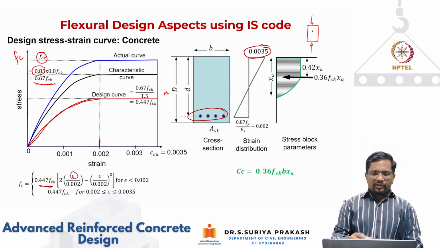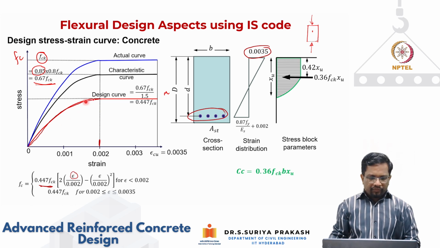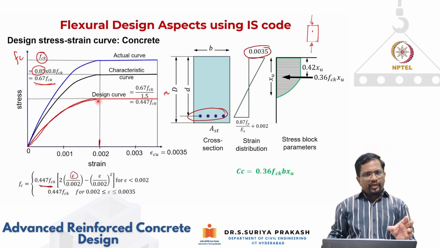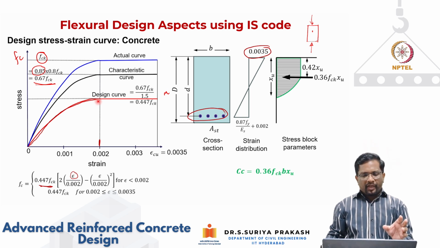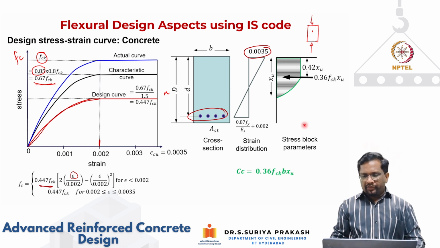So what we are doing is, the stress strain curve that we have used, we are basically rotating it by 90 degrees, and this is going to act. For each strain, I know the stress. For example, when the strain is 0.0035, the stress is 0.447 fck. So that is what we have.